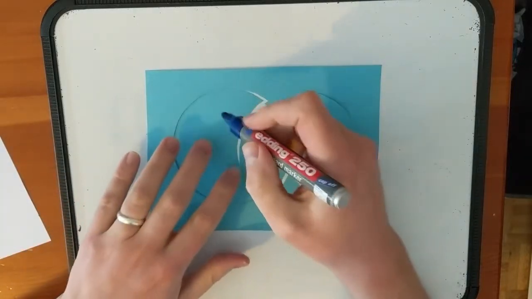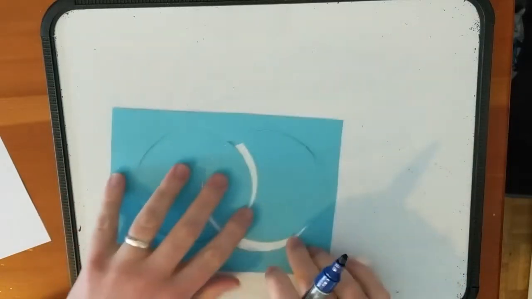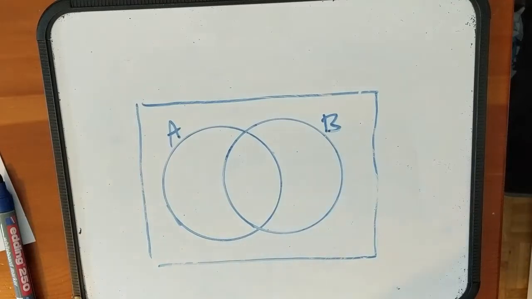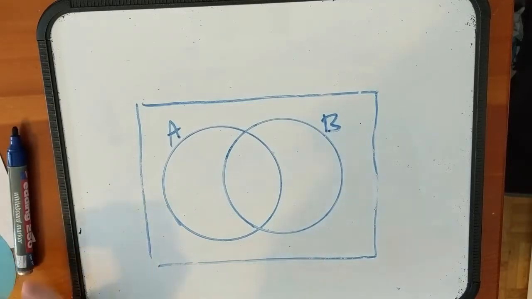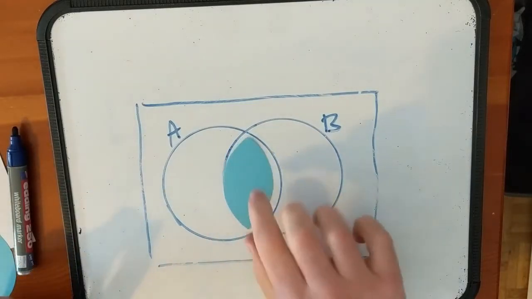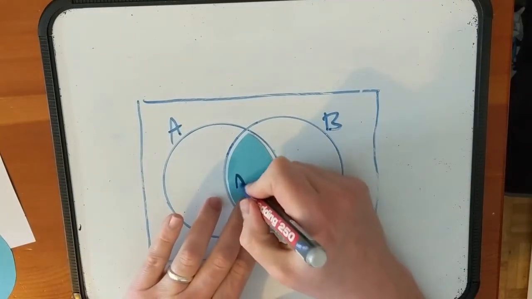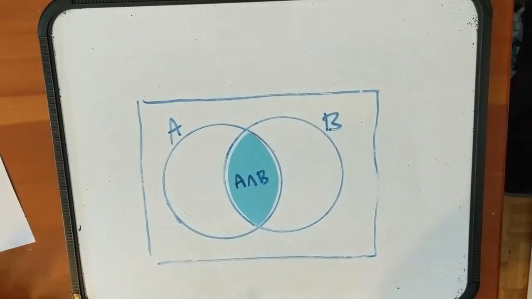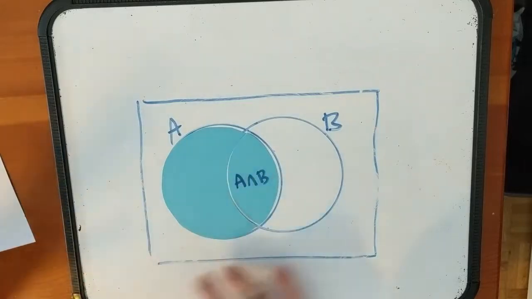I'm going to have set A, these two together will be set A, these two together are going to be set B. Okay, so here I've got my two sets, A and B, and I can work out different parts of it. If I want to talk about the intersection, that would just be that bit there. So that is definitely just A intersect B. And together, if I had this one here, those two together would be A completely.